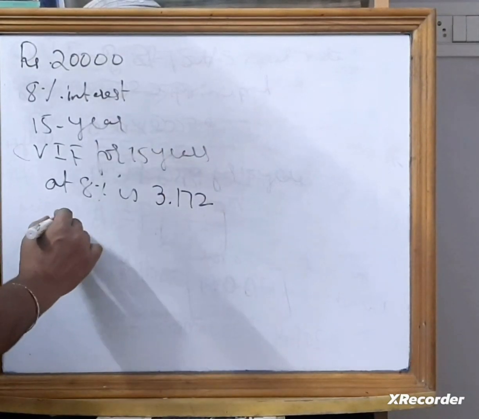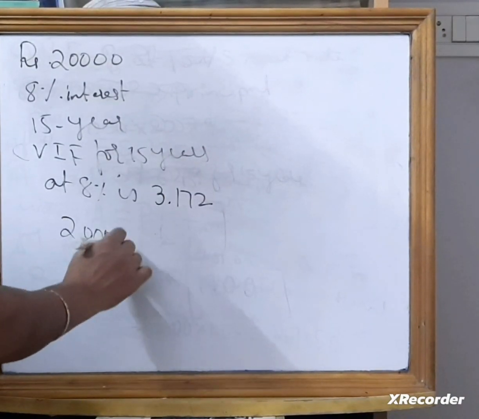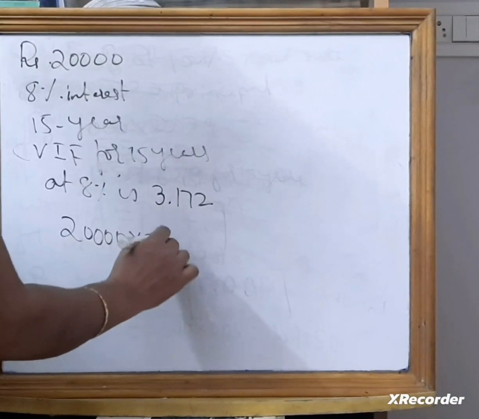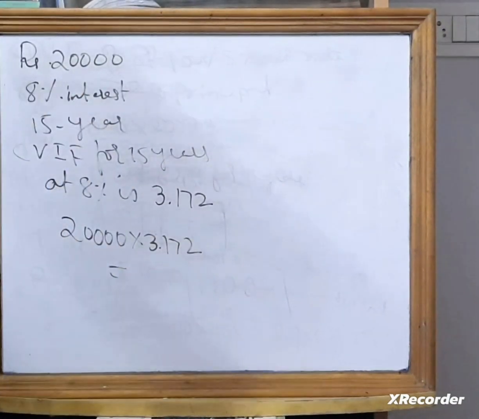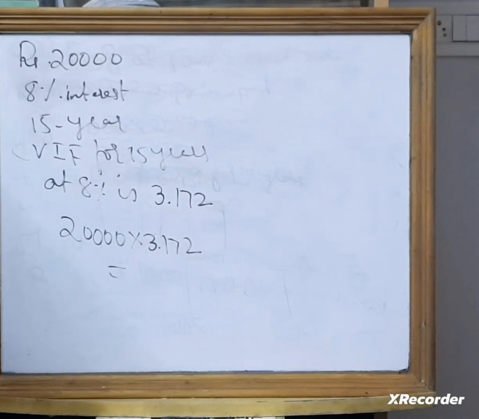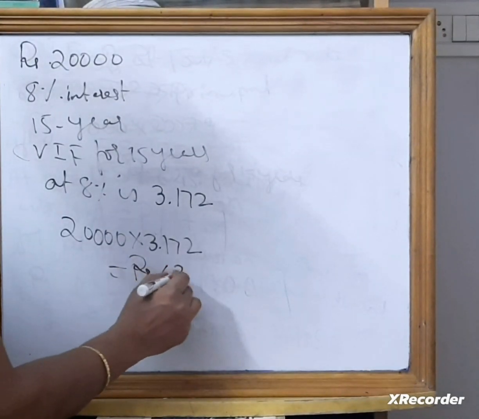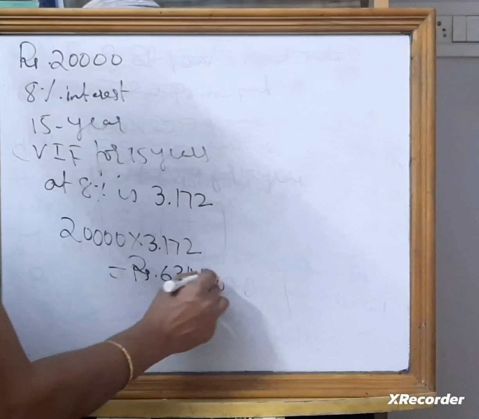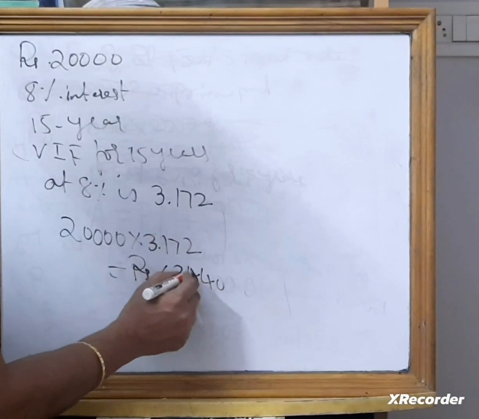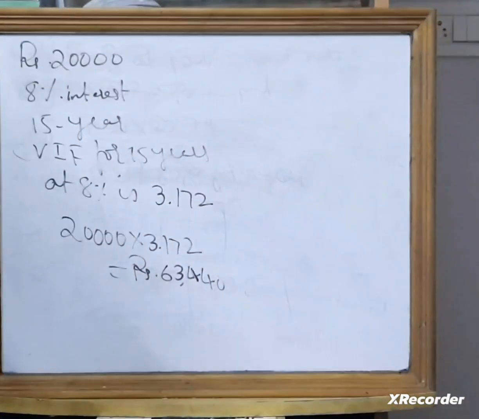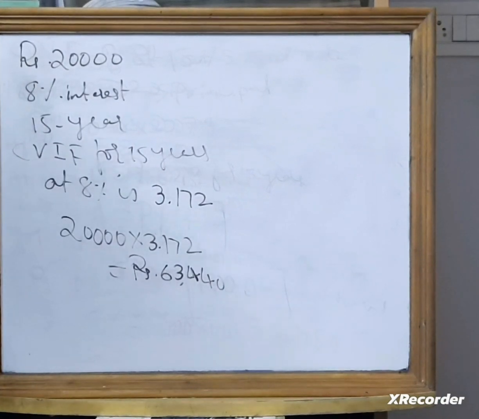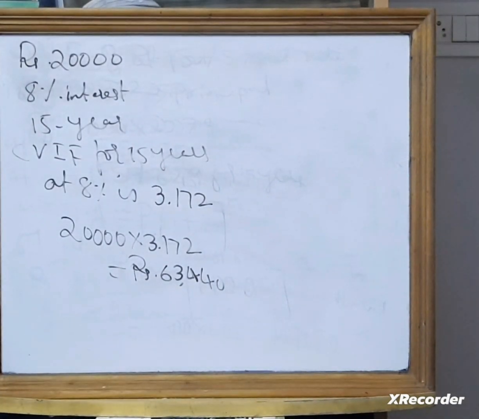If you multiply 20,000 with 3.172, your future sum of money will amount to rupees 63,440. It means today if you deposit 20,000 at 8% interest rate for 15 years, at the end of 15th year, you will be getting 63,440 in your pocket.